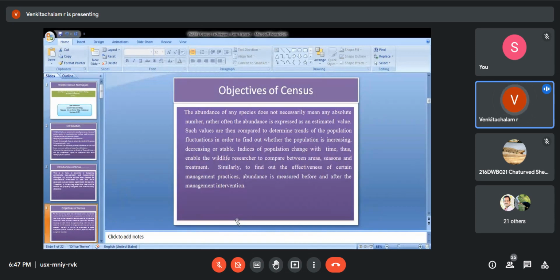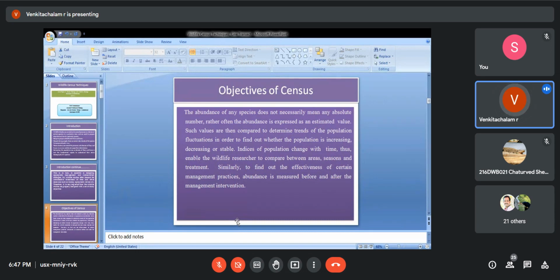This value is then compared to determine the trends of population fluctuation, in order to find whether the population is increasing, decreasing or stable. The census method tells us all these parameters. Without doing a census, it is very difficult to predict all these things.